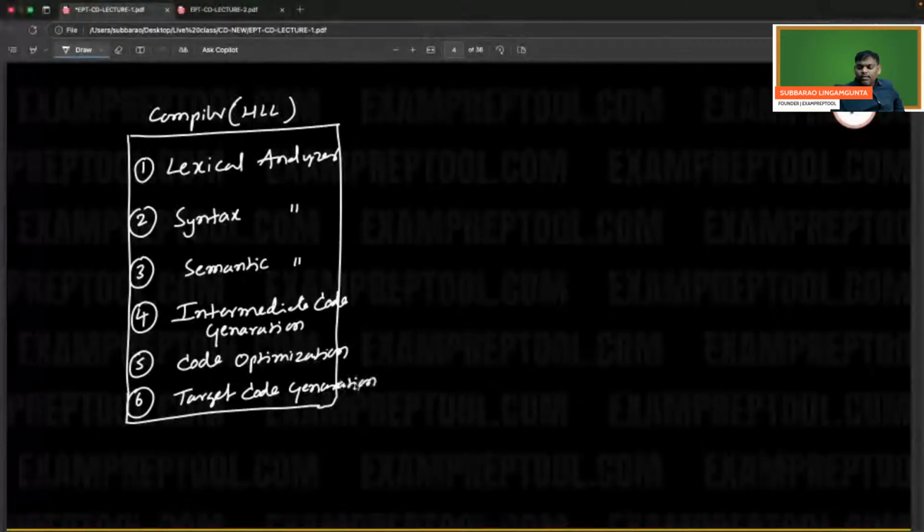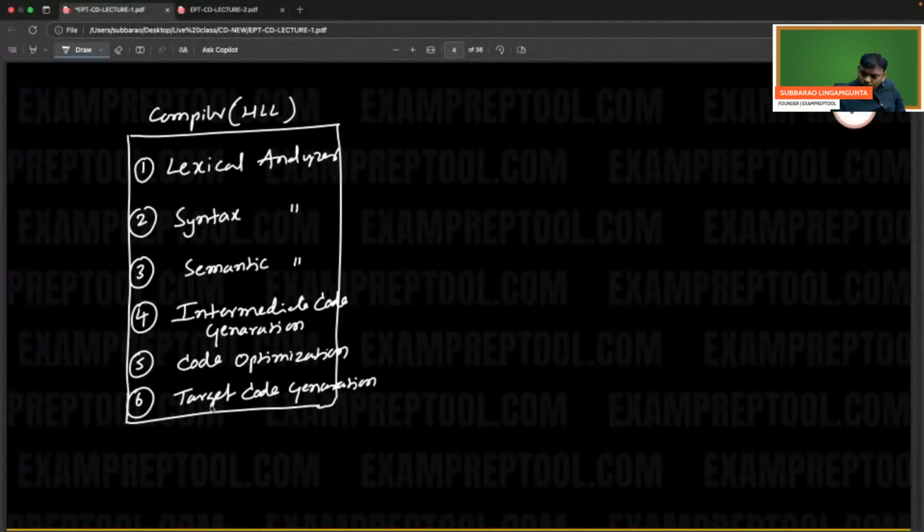So these are approximately 6 functions. Compiler is the main function which will take high-level language as input and internally call so many functions. Lastly, if you see the output, it takes high-level language and gives low-level language as output. This is exactly what a compiler is.